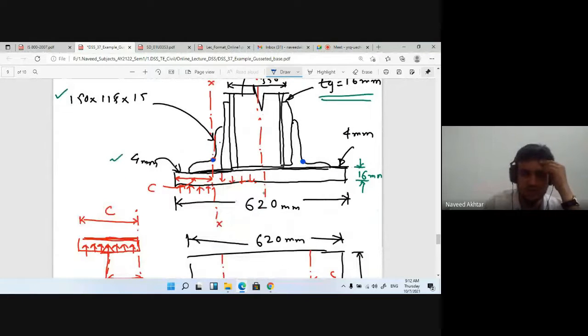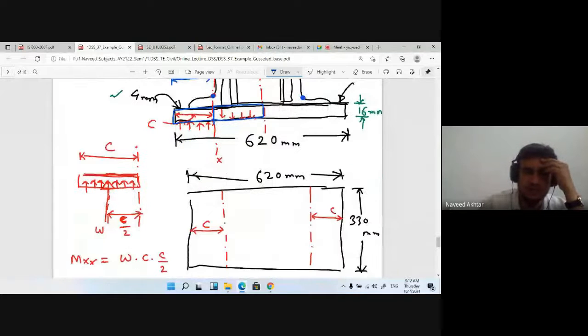The value C is the overhang value at this section. So you can find out the bending moment from this portion, or from this portion; both will be the same.